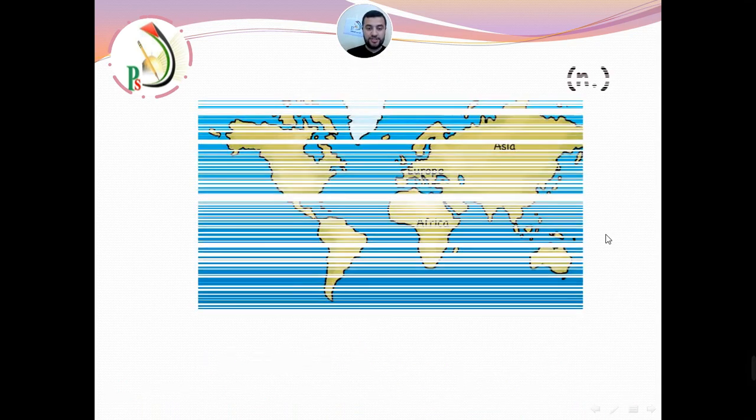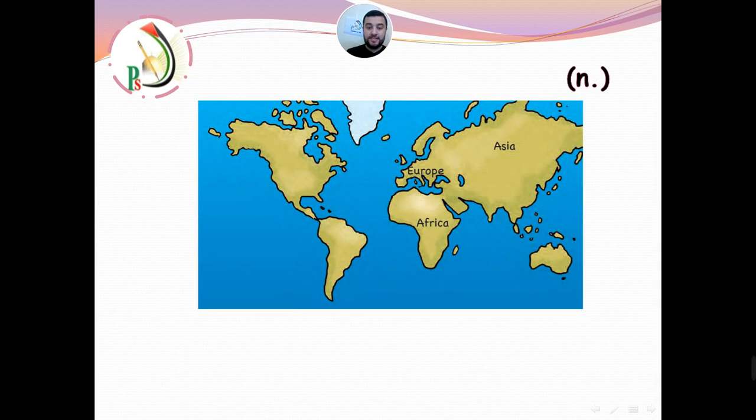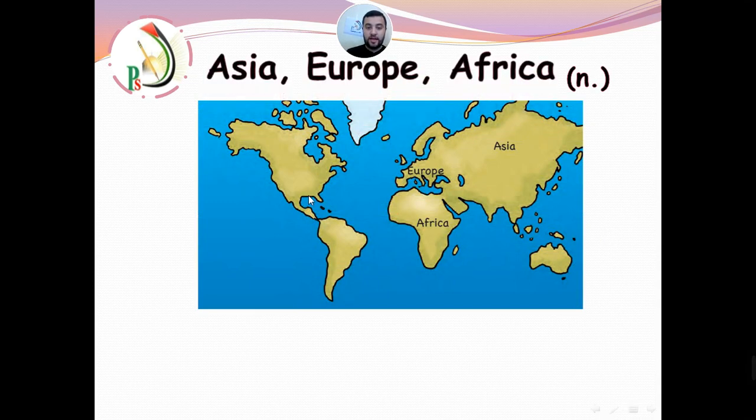And we have here an additional picture which is continent. What do we mean by continent? We have here, for example, 1, 2, 3, 4, 5, 6, and maybe 7 continents. Asia, Europe, Africa, these are also nouns. South America, North America, Australia, Antarctica, we call them continents.